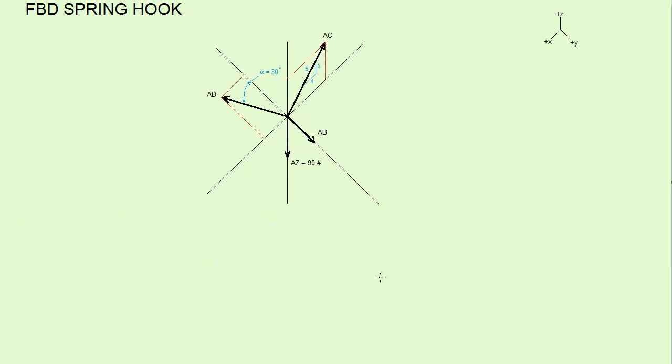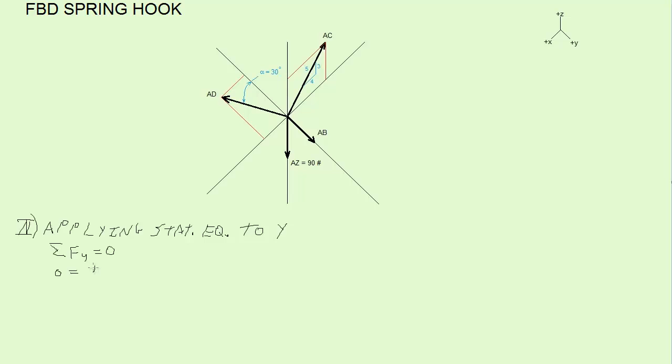Last but not least, we're going to take a look at the y direction. So this is step 4. Applying static equilibrium to the y. So we'd say sum of the forces in the y equals 0.